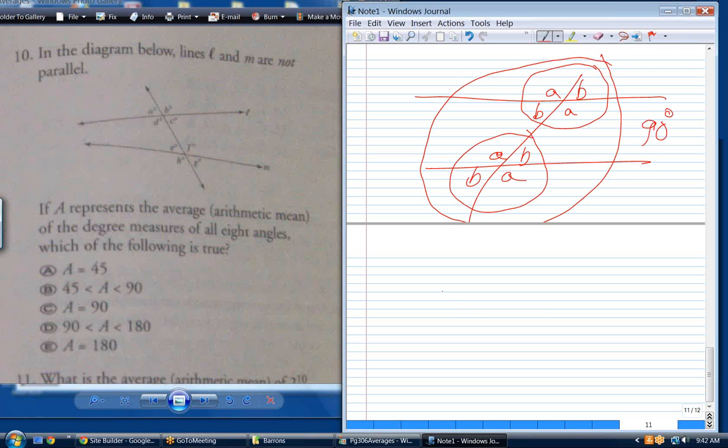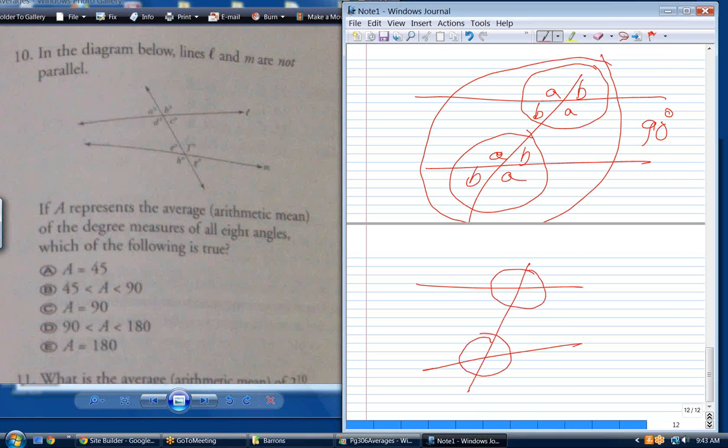Now, let's take two non-parallel lines and a transversal. What's your average angle going to be? Is it still going to be 360? Yes.